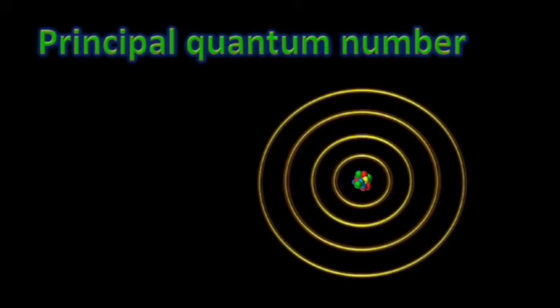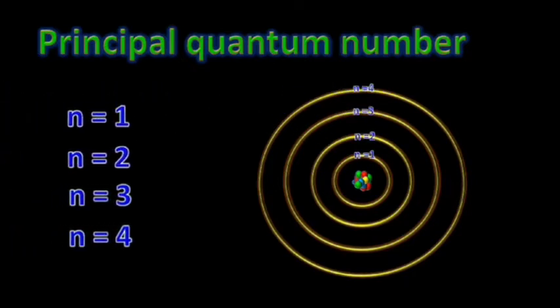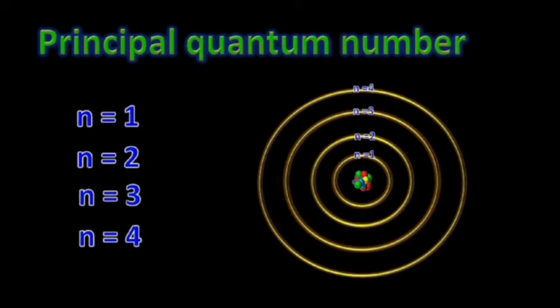First one is the principal quantum number. The principal quantum number gives the size and energy of the orbit. Look here, as Bohr proposed stationary orbits around a nucleus, the orbits are named n equal to 1, 2, 3, 4, although they are also known as K, L, M, N, denoted by the integers 1, 2, 3 and 4.